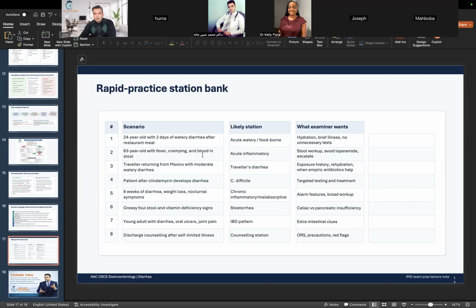Okay, so maybe we should mention a 63-year-old with a fever, cramping, and blood in the stool, for example, let's say 4 days. Acute inflammatory. So it is still acute because it is less than 14 days, with blood and loose stool for 4 days.